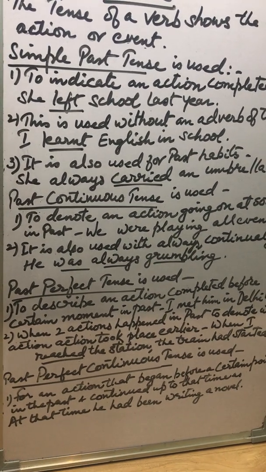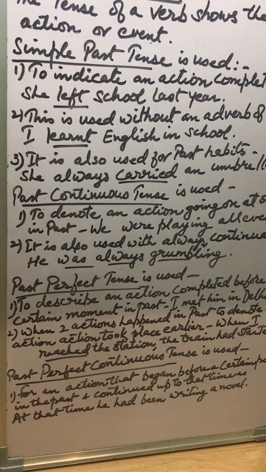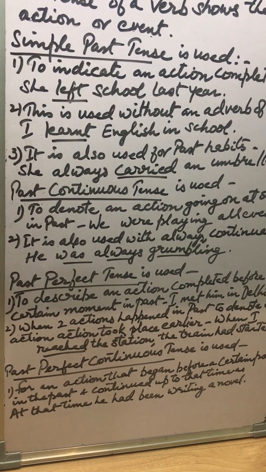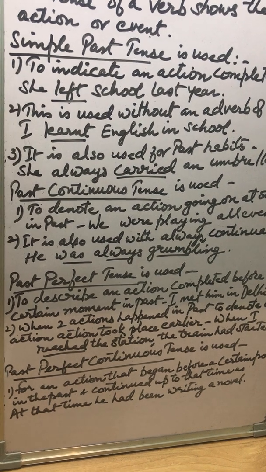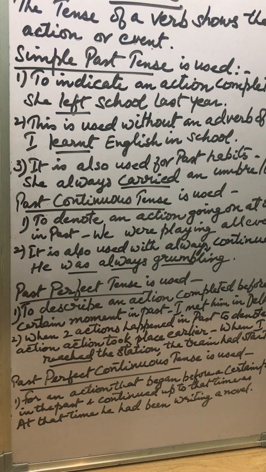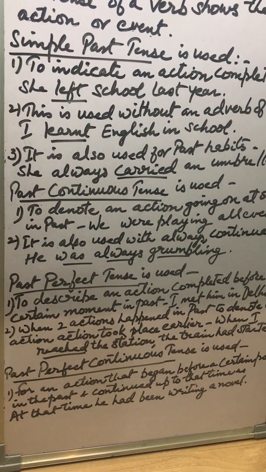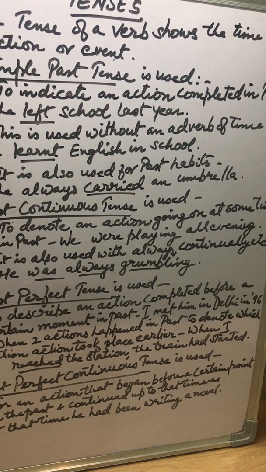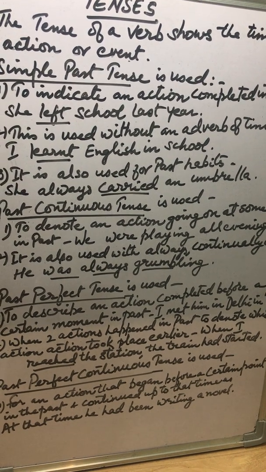Past perfect tense. Like present perfect, it is also a tense which takes the third form of the verb. The past perfect describes an action completed before a certain moment in the past. I met him in Delhi in 1996.